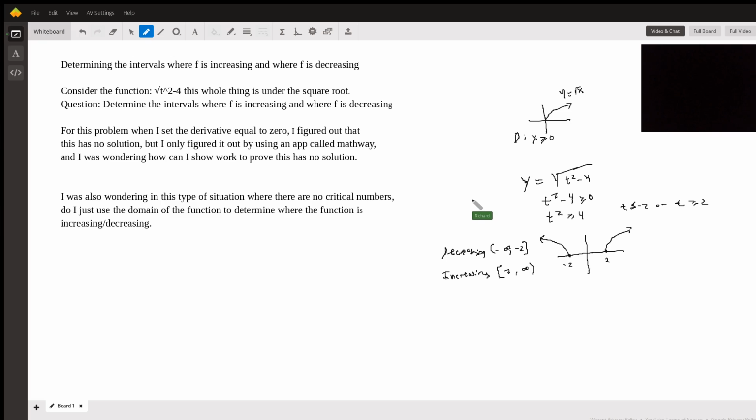I think you're overthinking it because you've probably had about 20 problems where you had to take a derivative and find where the first derivative is positive or negative or zero and so on. And you thought, oh, this is the same thing. And it is kind of the same thing, but you have to consider the underlying function.